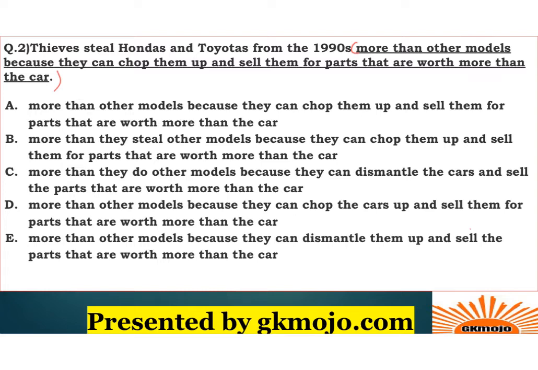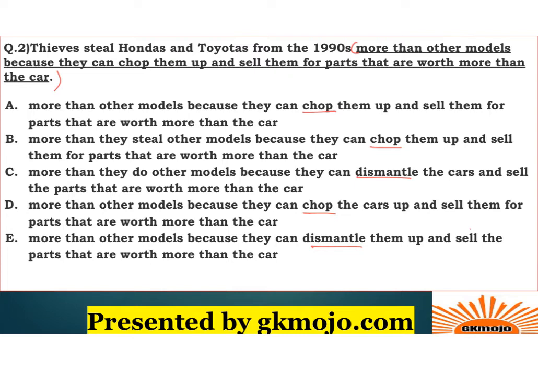As we look for the differences in the options, we can see that some of the options use the verb "dismantle" while others use "chop". Basically 3 options are using chop and 2 options are using dismantle, correct?